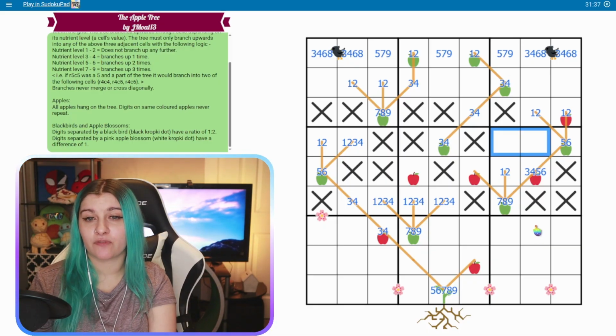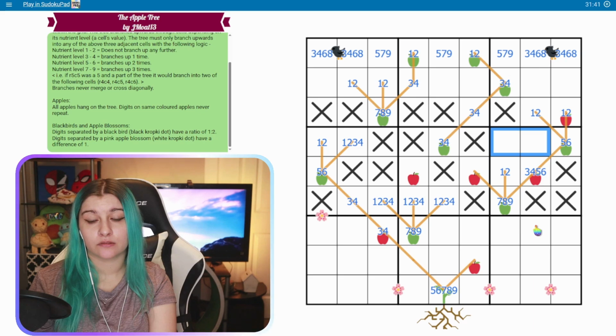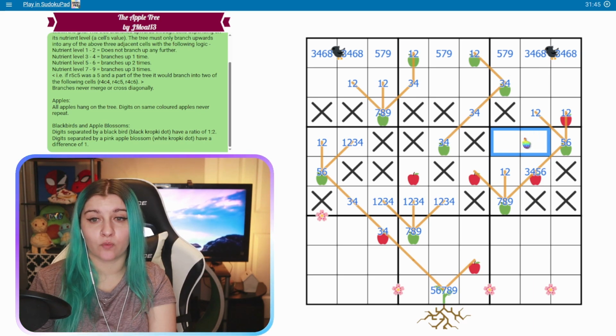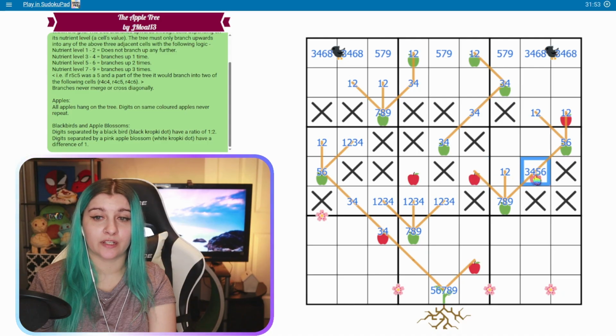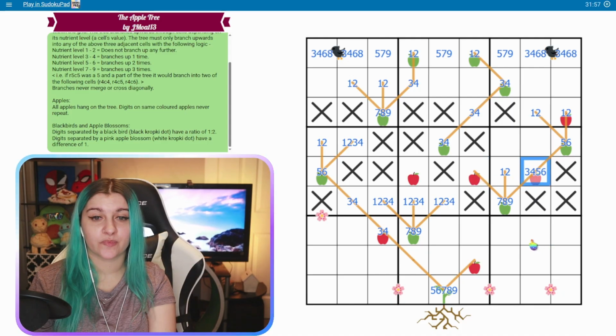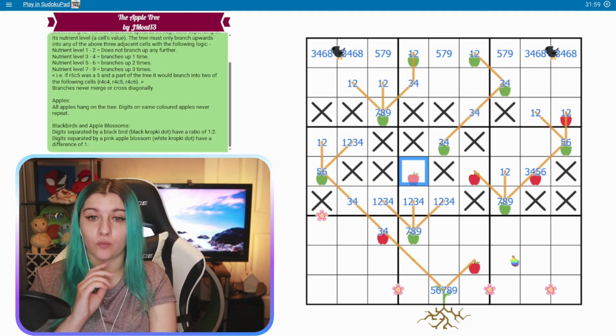If it's the 3, 4 here, I don't want it to be on a branch. It would have to be a dead end. So I am going to have a 1, 2 here. And it will be a dead end branch. But I still don't know if it's coming from here or coming from here. Does this need to be the 1, 2?